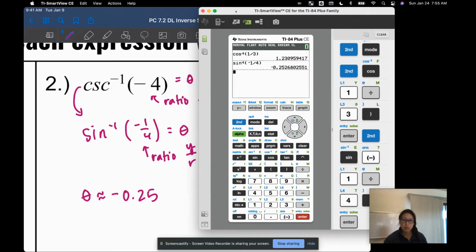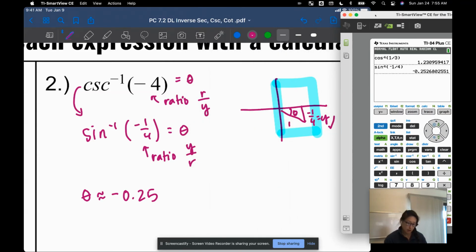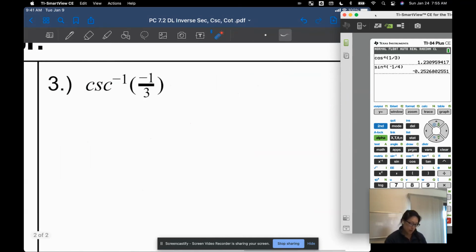You can't see the triangle, so I'm going to go back. The angle that gives me the triangle with the y length of -1/4 and the r length of 1 is -0.25.